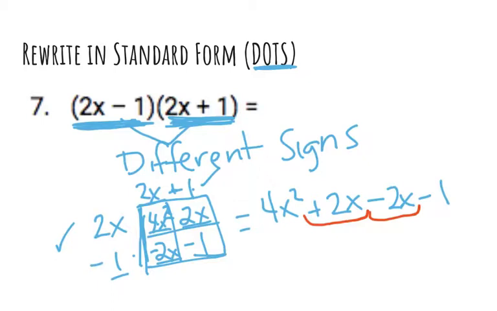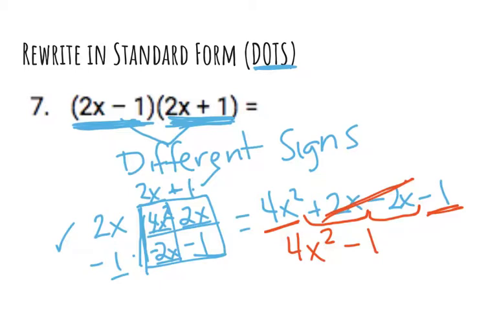So 2x minus 2x gives me no x's. They cancel each other out. All right, so I would have 4x squared minus 1. Right, so 4x squared comes from here, minus 1 is here, and I don't have that middle term because 2 minus 2, it's 0, right? So 2x minus 2x, also 0.